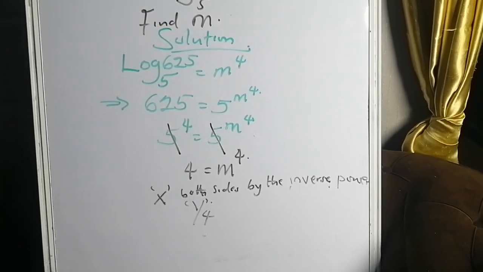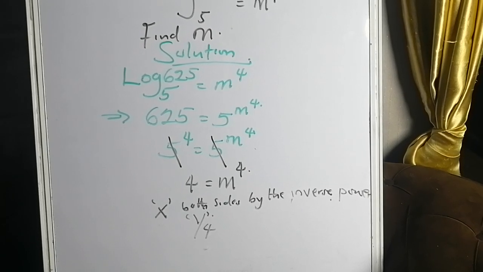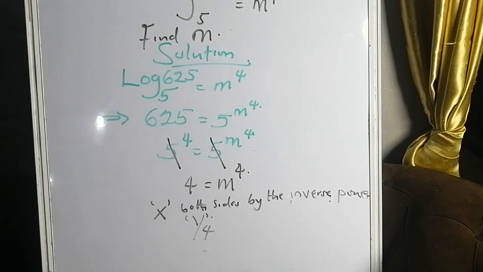At the end of the day, you will be able to get the value of your m. It's as simple as that. So multiply both sides by the inverse power of 1 over 4. That implies you have 4 raised to power 1 over 4 equals m raised to power 4 times 1 over 4.